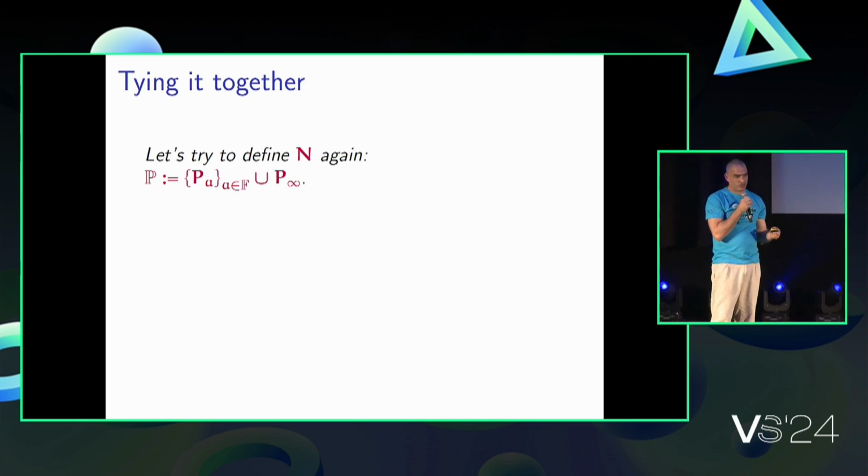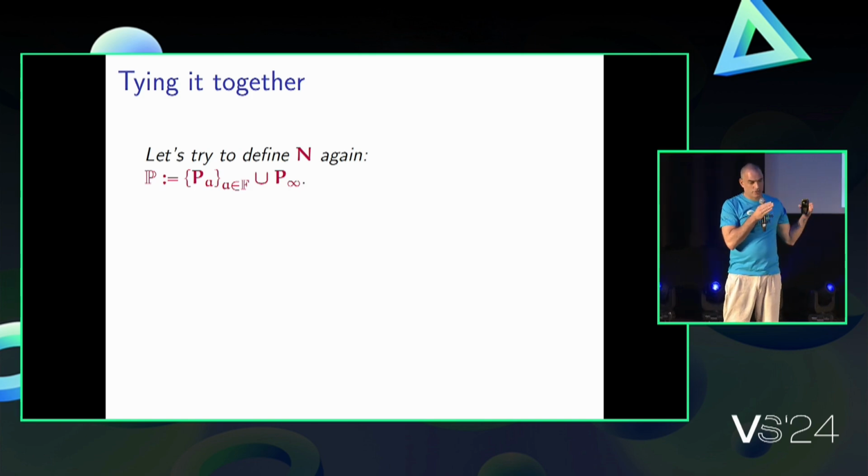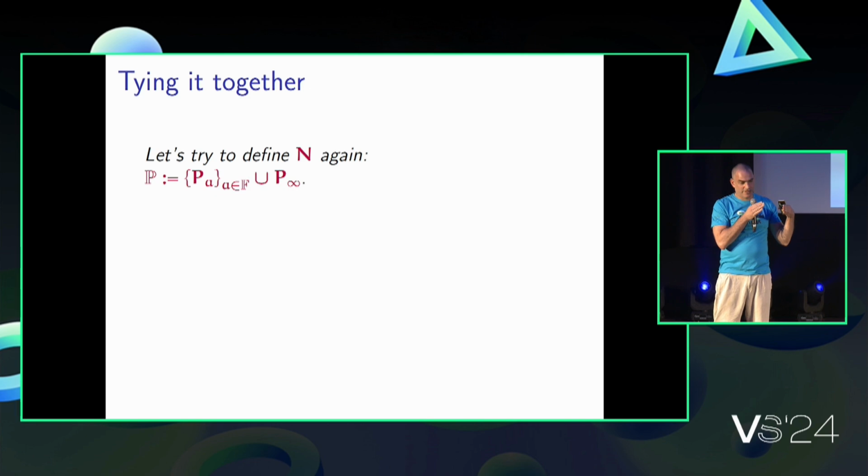Okay, so now let's try to tie it together. So our goal was to define this 2-to-1 map N. Now a slight formal change. If before we were talking about the projective line, we're going to think of P as all the places corresponding to the projective line.